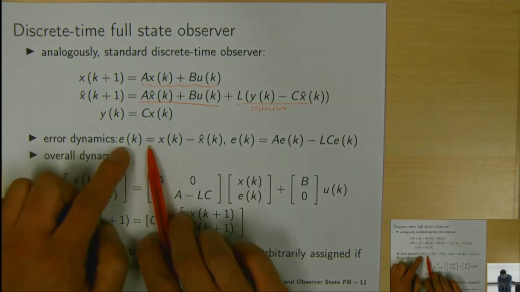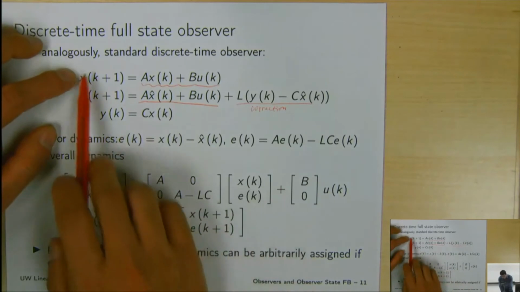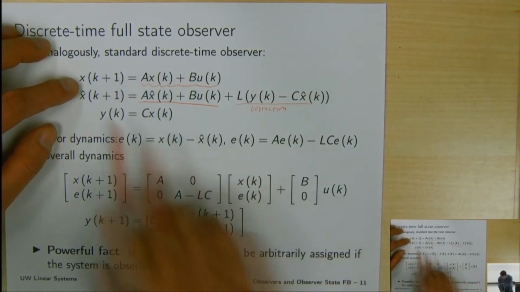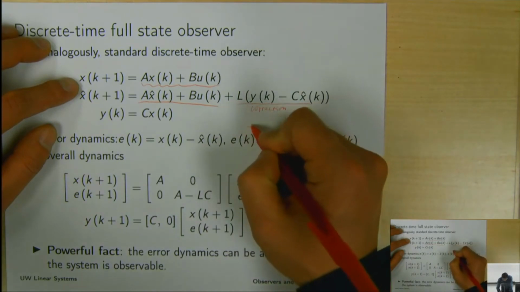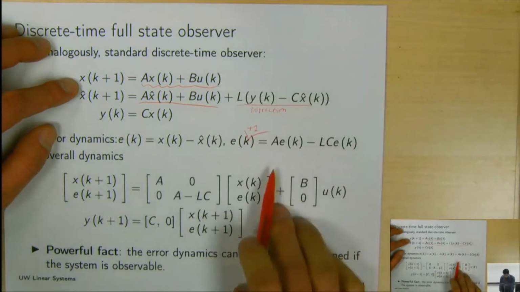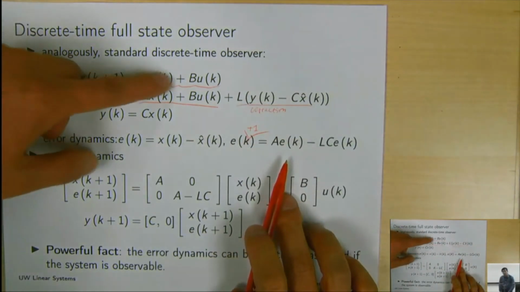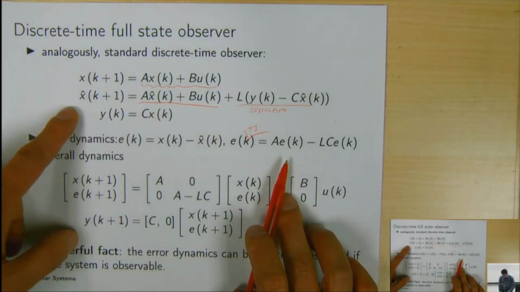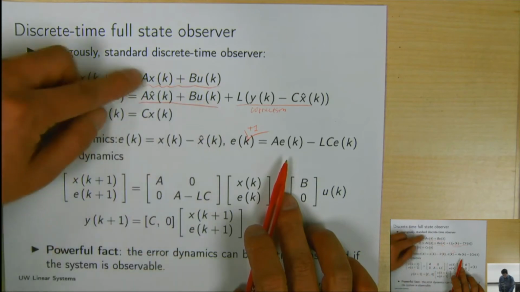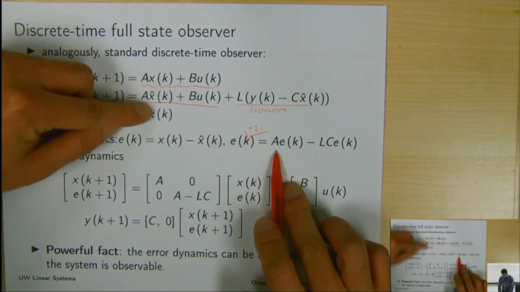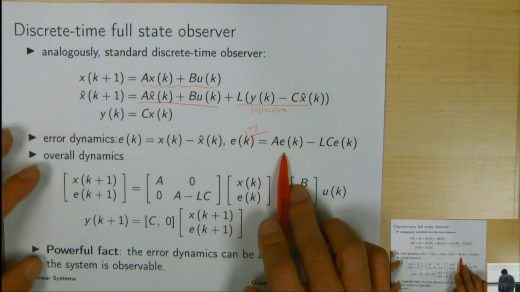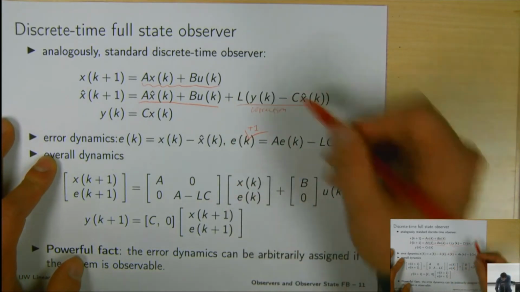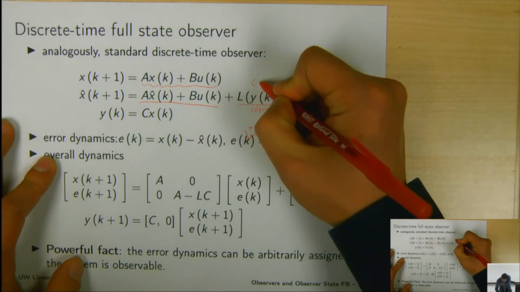This is again very easy. For the error dynamics, we just subtract these two equations. We get e k plus 1 equals, all these terms cancel out, this term cancels out, and then inside it's A times x minus x hat, which is e k, minus L times, look here, y k is C x k.